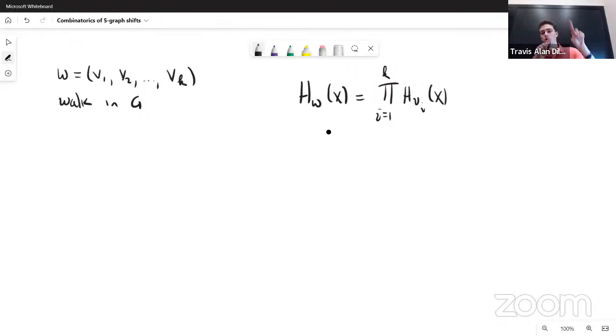So you imagine walking on this graph, and at each vertex you pick up the corresponding power series. If you go past the vertex twice, you pick it up twice. You just keep picking up copies until you end the walk, and you multiply these all together. It's certainly a definition, and the reason that it's helpful is that it allows us to start to connect the entropy to these generating functions, the h's.